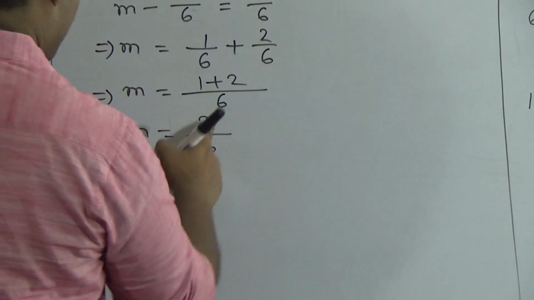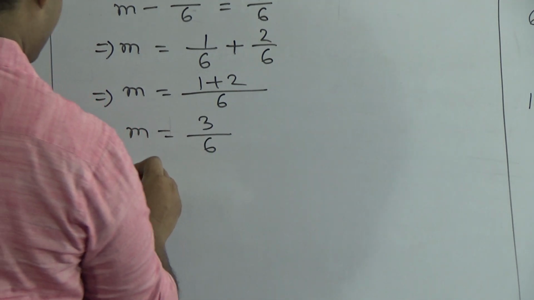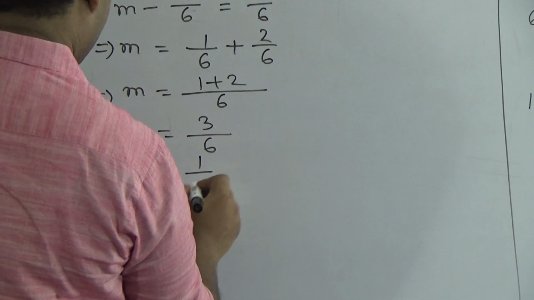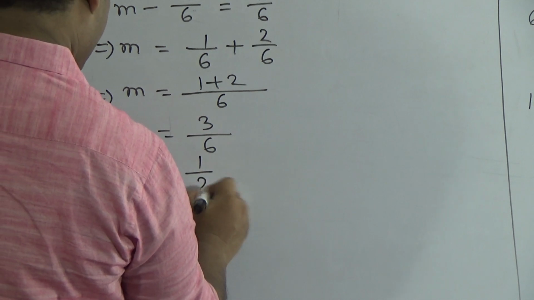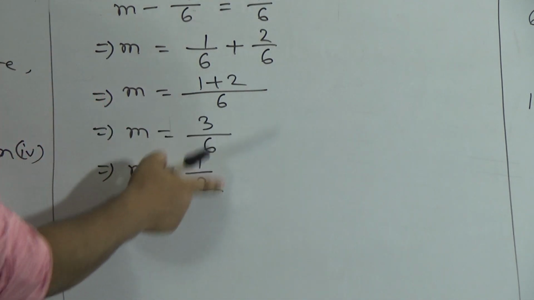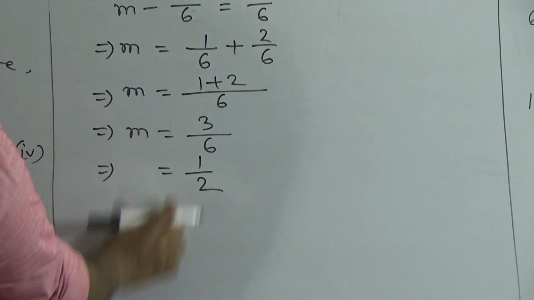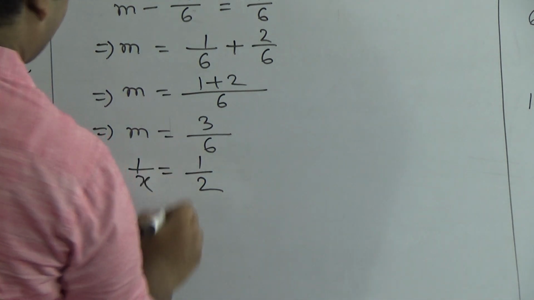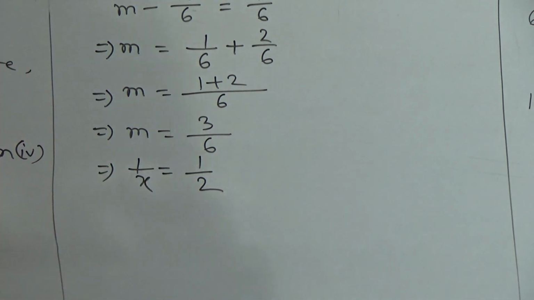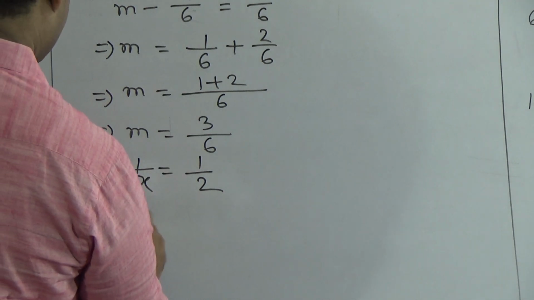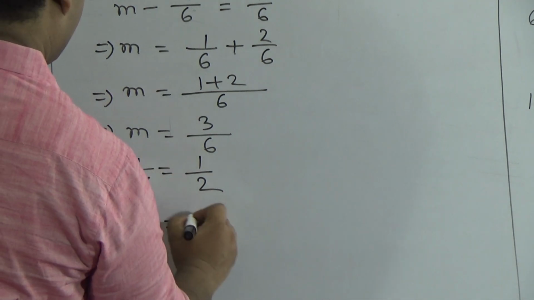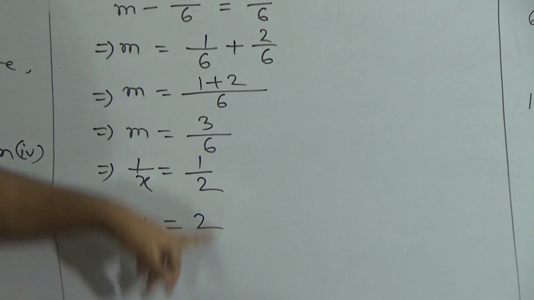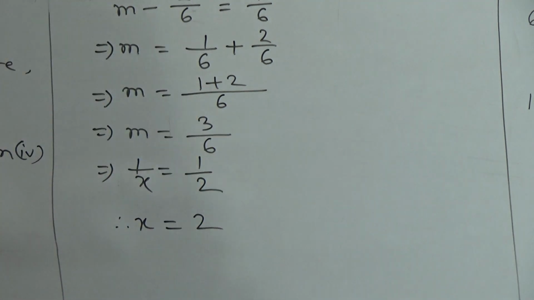So we convert it into lowest terms, that means it will be 1 by 2. 3 ones are 3, 3 twos are 6. Now my dear student, what is the value of m? The value of m is 1 by x. So we write here 1 by x, and apply the cross multiplication method. x ones are x equal to 2 ones are 2. So the value of x is 2 and the value of y is 3.